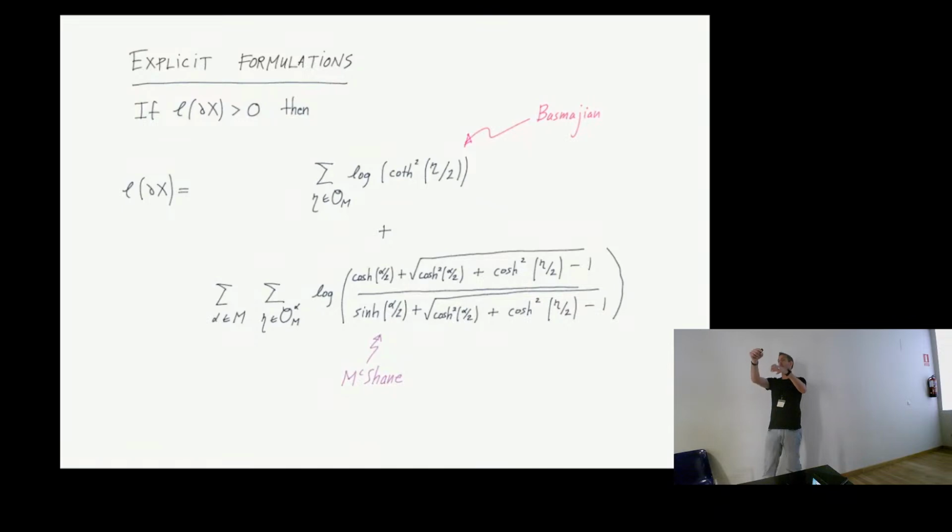You look at the Basmagian gap, and you look at the McShane gap, and you retract the Basmagian gap from the McShane gap. But you only look at this on one side. So you take it away. And what's remarkable is that this only now depends on your left-hand curve and the orthogeodesic.